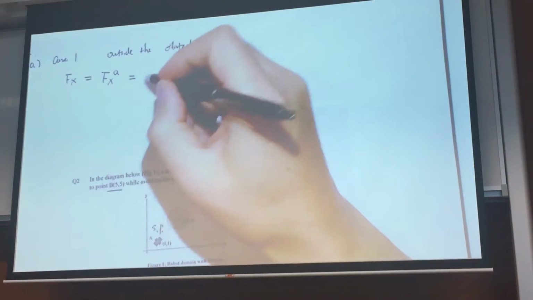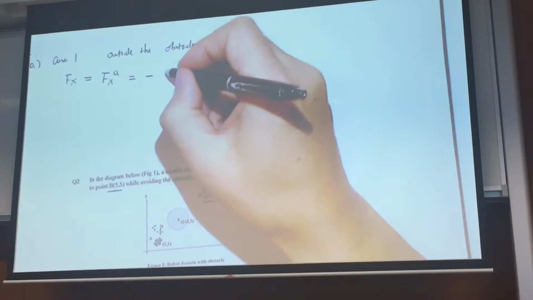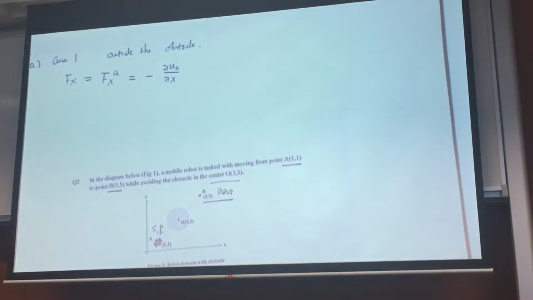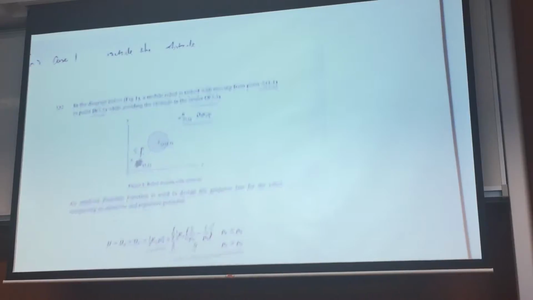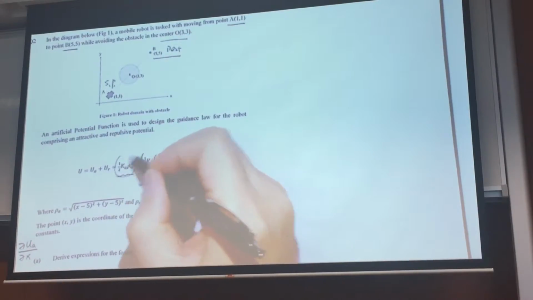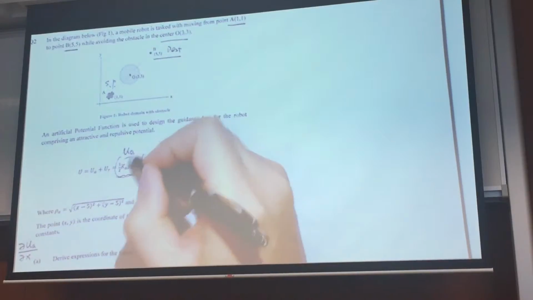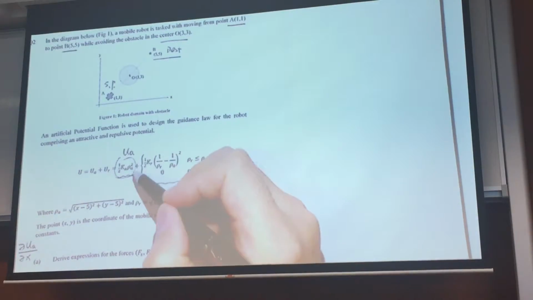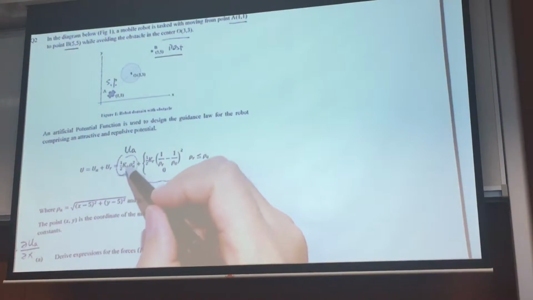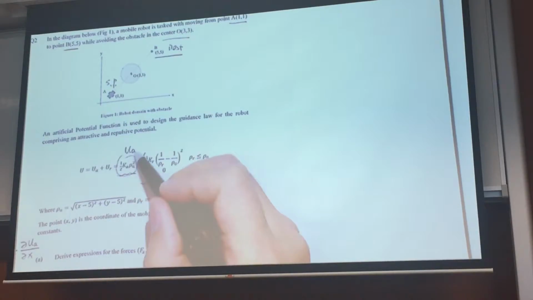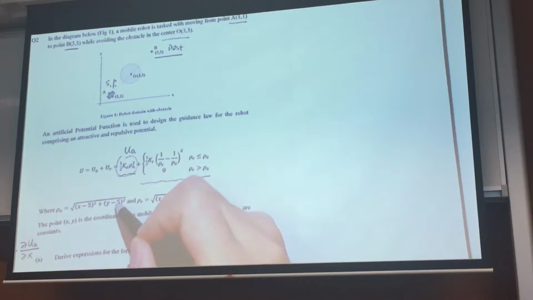This one is just given by minus dUa dx. Your Ua is defined by this part, so the Ka is a constant, and the rho A is defined by this one. It depends on x and y.